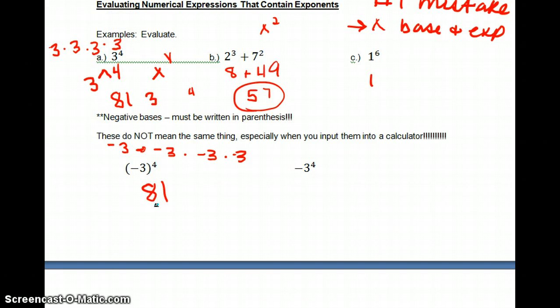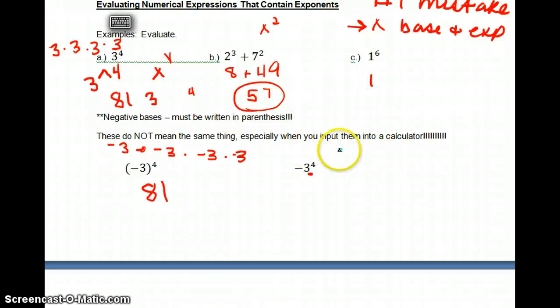If you do not put those parentheses in there, what your calculator is going to do is say, okay, the base is 3. The number that's directly in front of the exponent is what the base is. So if you do not have a parenthesis in there, you are not including the negative in the base.